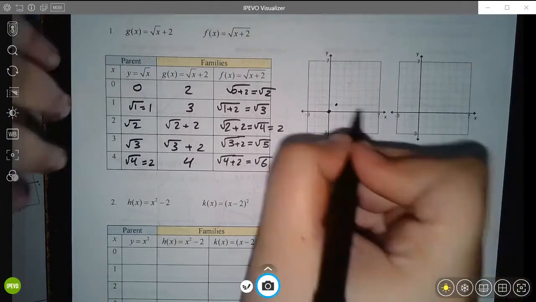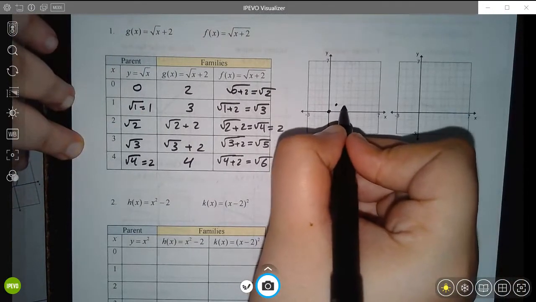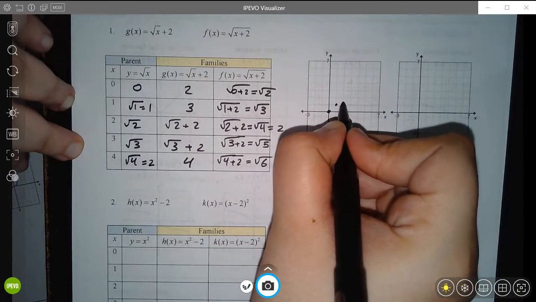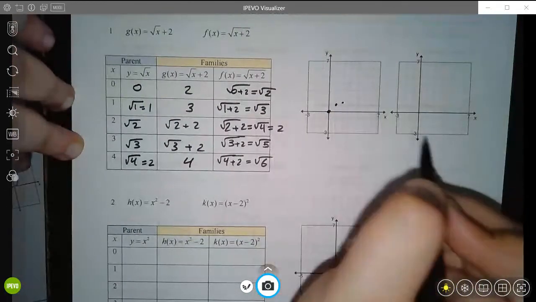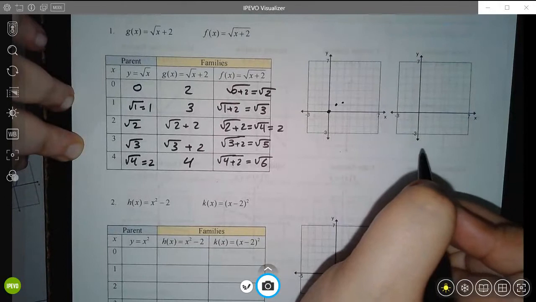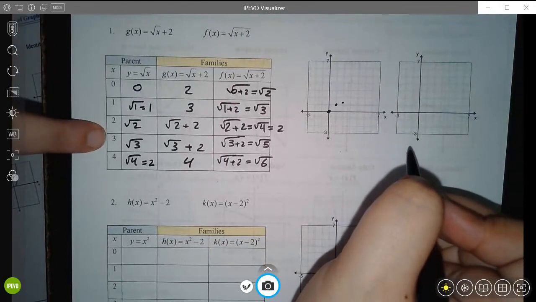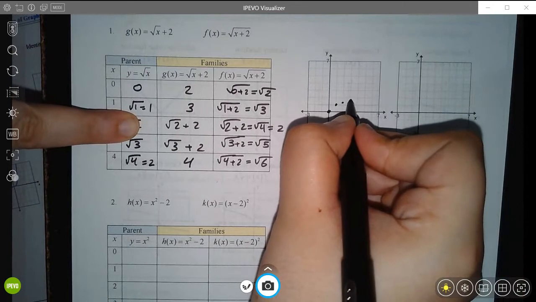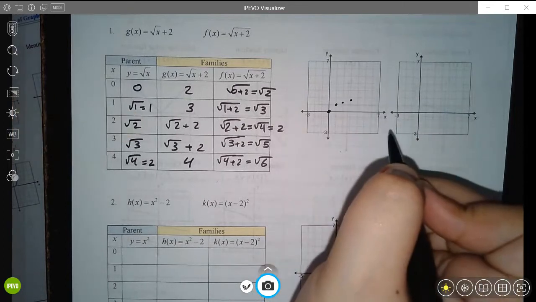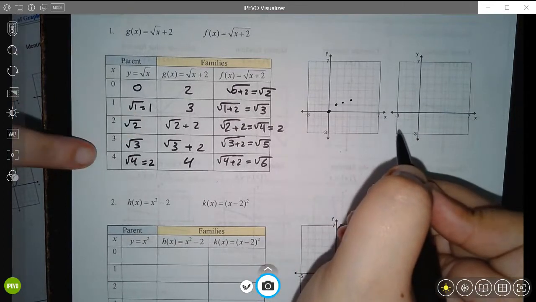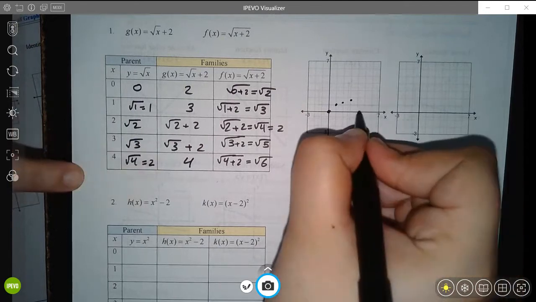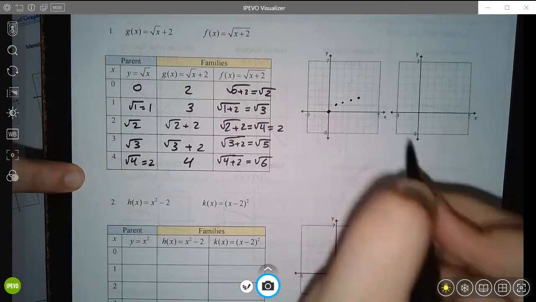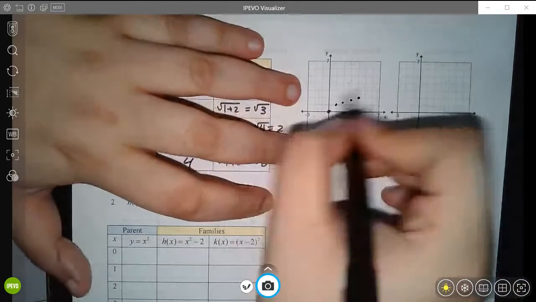Now for 2 on x, root of 2 is a little more than 1, I think it's like 1 and almost a third, but not quite there. And then 3 and root of 3. So 3 is right here. Root of 3 is just below 2, but not quite, so right there. And 4 and 2. So at 4, the point is 2. And that gives you the pattern.